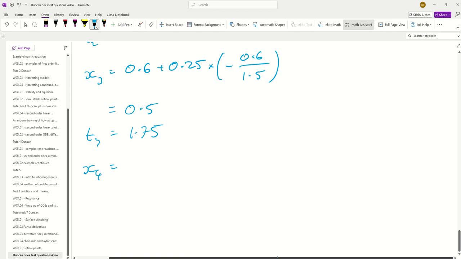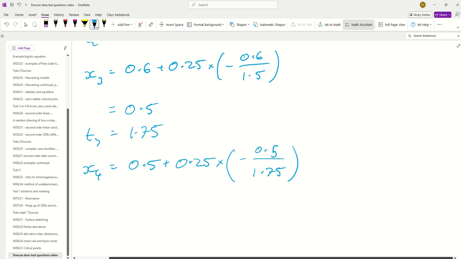x4 equals 0.5 plus 0.25 times minus 0.5 over 1.75. Okay. 0.5 divided by 1.75 times 0.25, 0.5 minus this quantity.